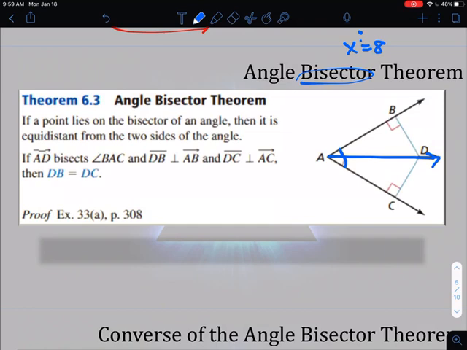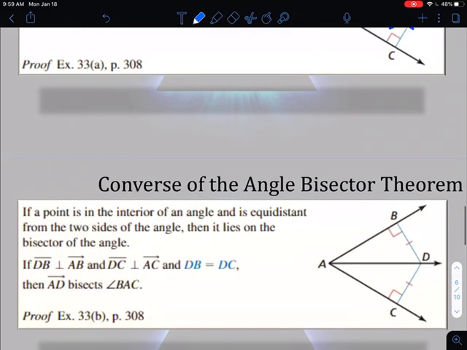What this theorem says is any point on that angle bisector, so specifically point D, is the same distance from this side of my angle as it is to this side of the angle. So if I have that angle bisector, if I have these two angles are congruent, when I follow them out to the sides out here, those two sides have to be identical to each other.